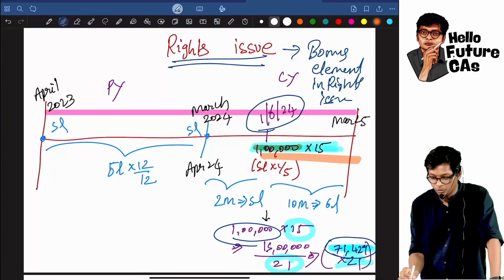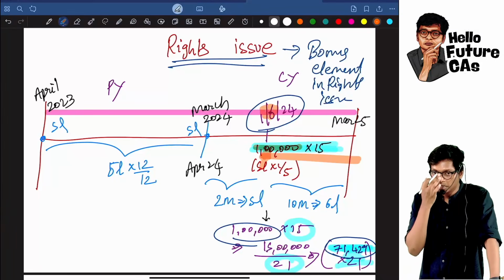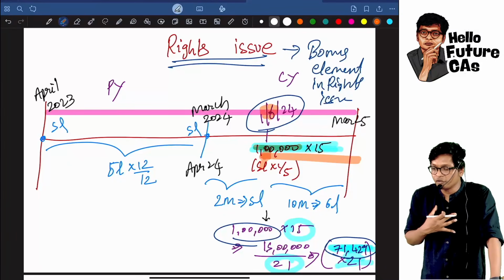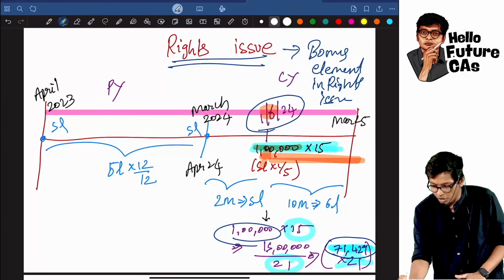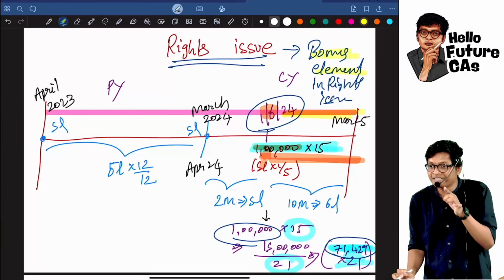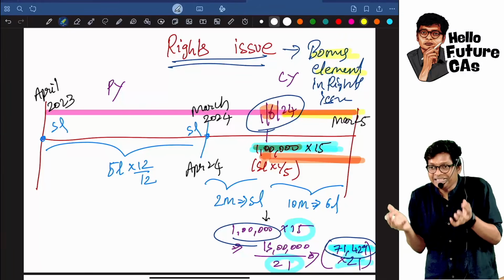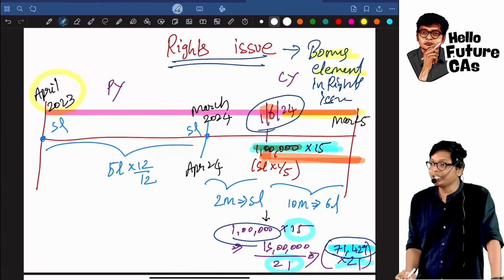Now this is the point where I have issued shares. Whatever shares are issued for full consideration is after issue. But this after issue also includes some bonus element. And whenever a bonus element is given, we have to add that bonus element as if it was issued from April 2023.